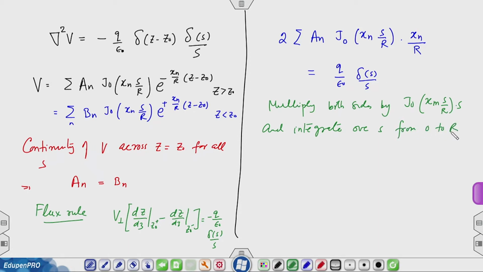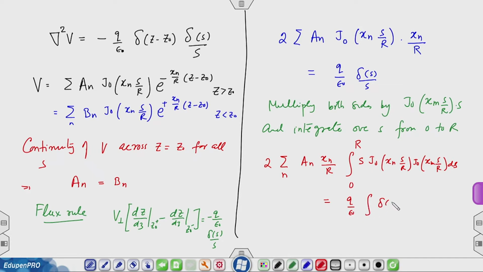And what I get is 2 summation n a_n x_n over r integration 0 to r s J0(x_n s over r) J0(x_m s over r) ds is equal to q over epsilon 0 integration delta(s) J0(x_m s over r) ds.